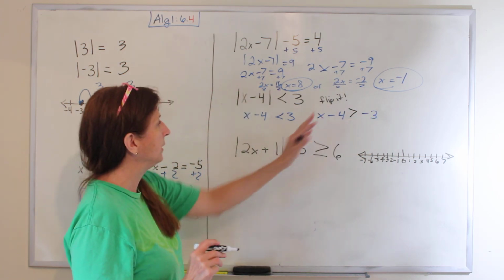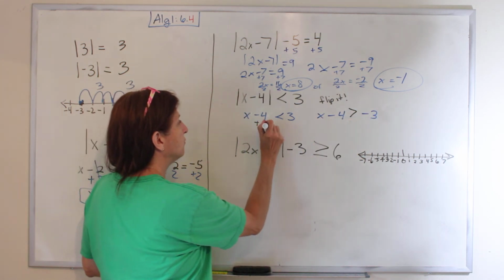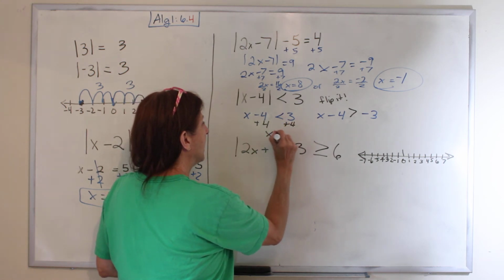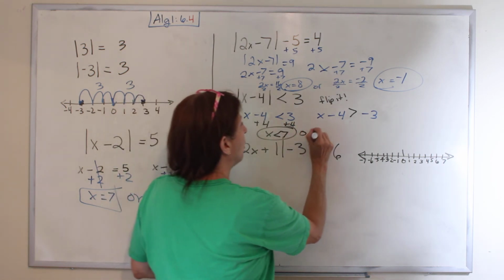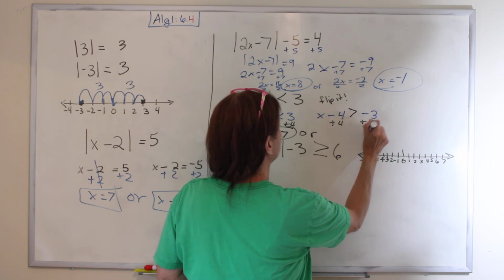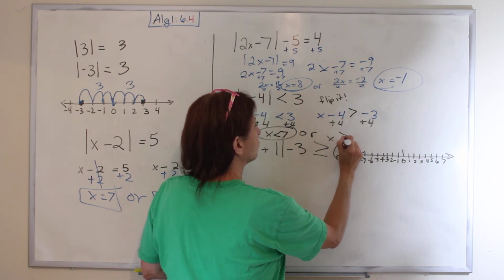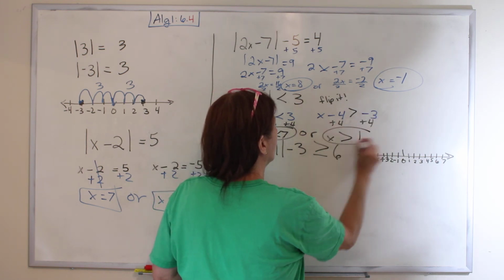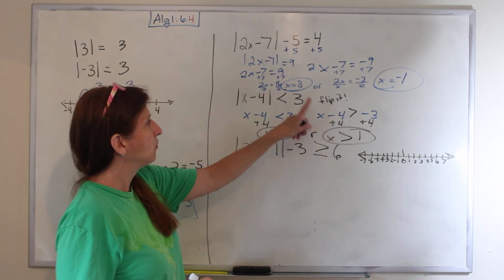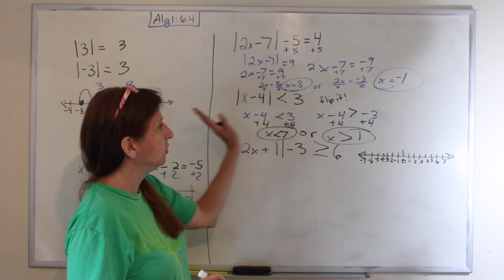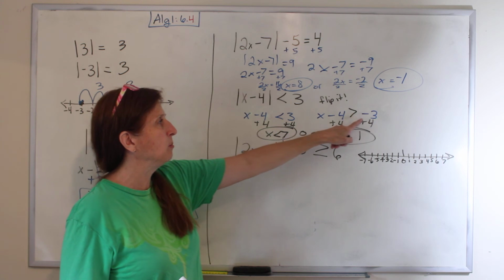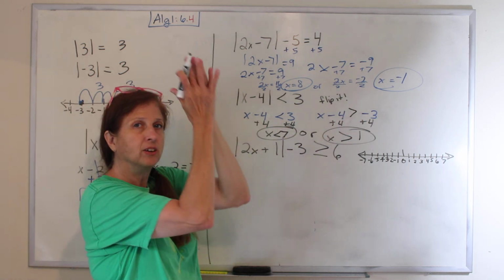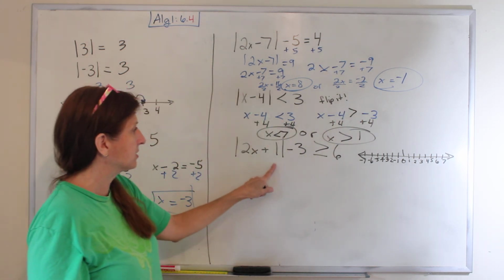And now we just solve it. Plus 4, x is less than 7, or plus 4, x is greater than 1. So if it's an inequality, you do it the same, but when you make the negative, you have to flip it.